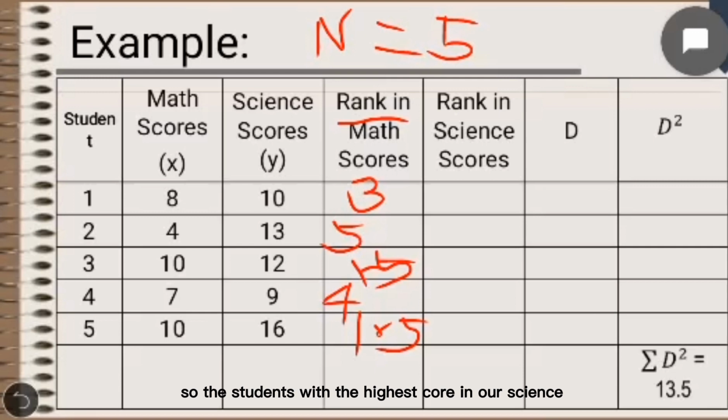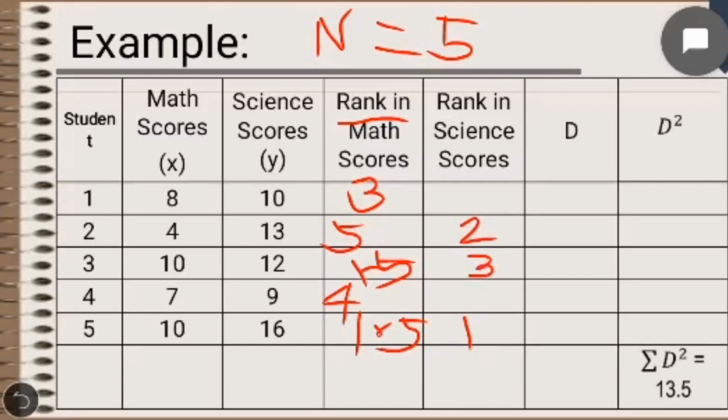The student with the highest score in science is again number 5, so our student number 5 is rank 1. The second student with the highest score is student number 2, who bounced back. The third one is student number 3. Fourth is student number 1.